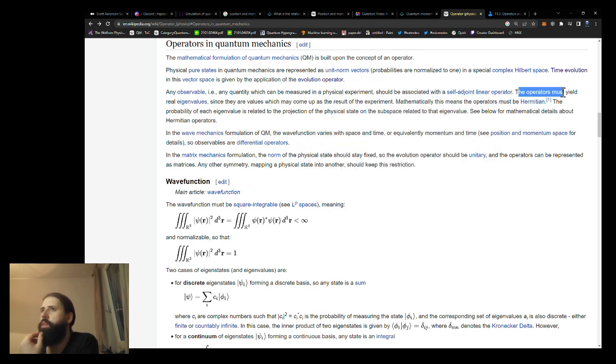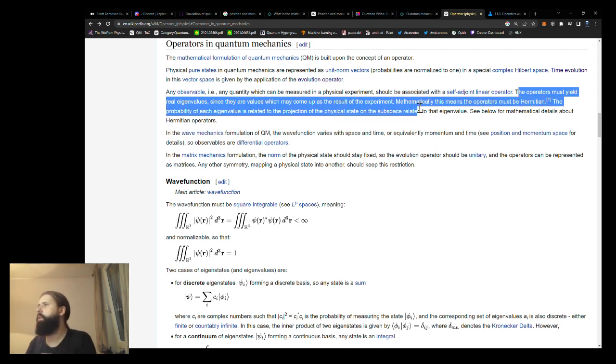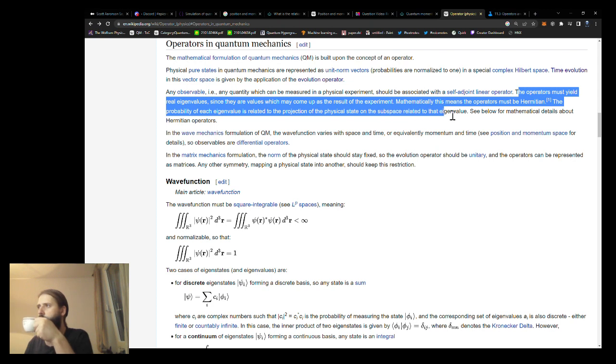The operators must yield real eigenvalues, since they are values which may come up as the result of the experiment. Mathematically, this means the operators must be Hermitian. The probability of each eigenvalue is related to the projection of the physical state into the subspace related to that eigenvalue.